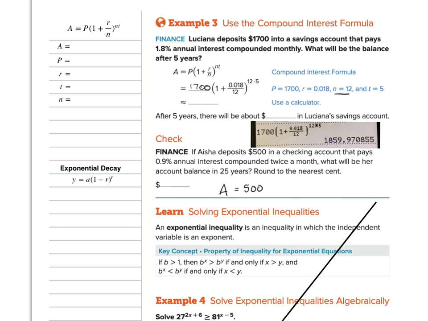A equals the initial investment times 1 plus my rate. It's going to be 0.009. Move it twice, right? 0.009 over, we said twice a month, so that would be 24 times a year, and that would be 24 times the number of years, which would be 25 years. And that is what we would solve to come up with an answer.